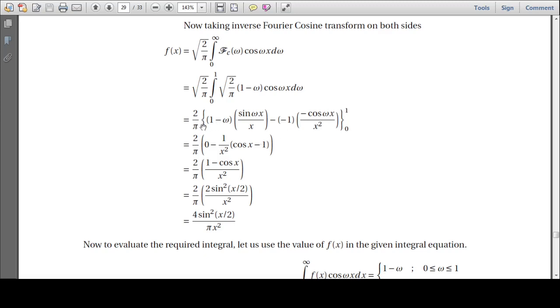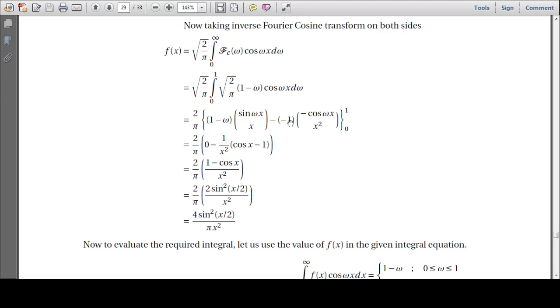When I put the upper limit, 1 minus 1 is 0. Minus, when I put the lower limit 0 here, sin 0 is 0. Here we put omega equal to 0 and therefore sin 0 into x is sin 0, so sin 0 is 0, then 0 into 1 is equal to 0. So upper limit minus lower limit, 0 minus 0, is 0.